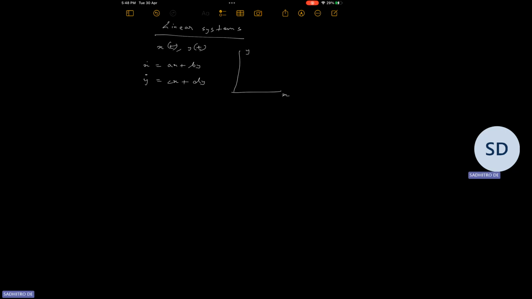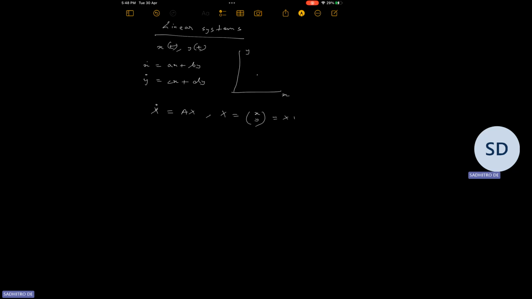Now this can be written in the form of a matrix equation, right? So you can define a matrix like this: x dot equals capital A times x, where the vector x is the vector of a point in the phase space at any instant of time.